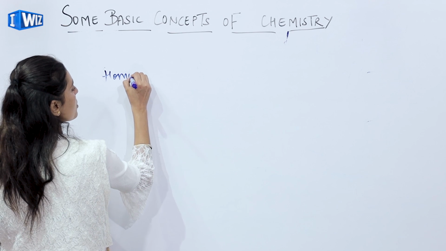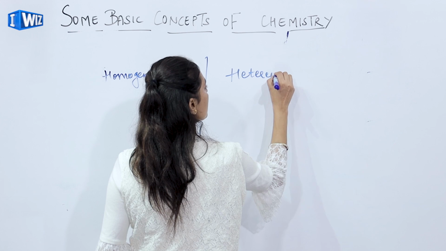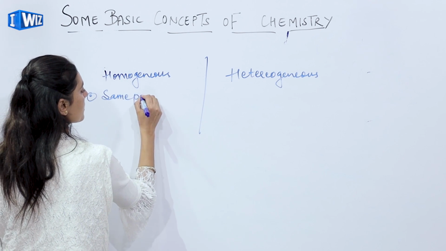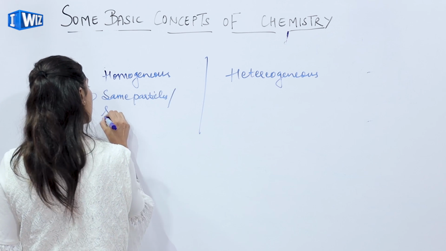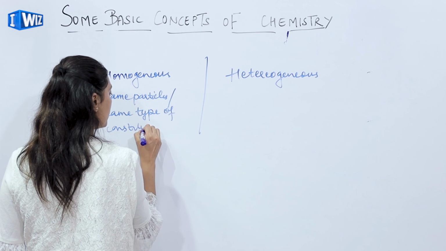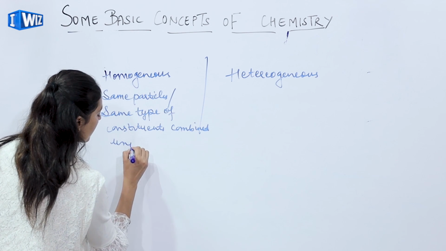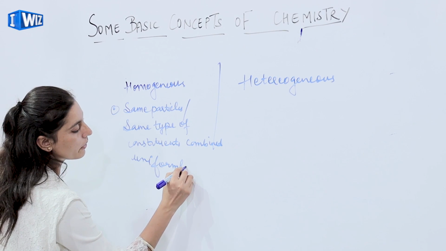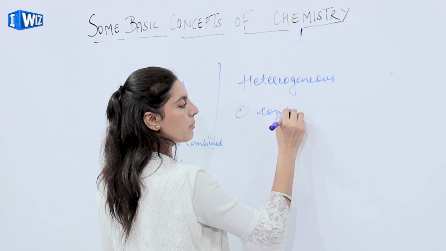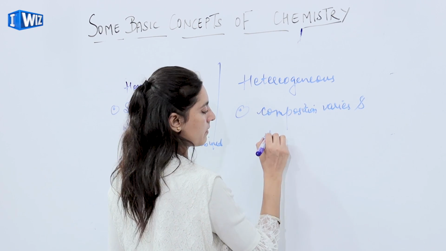When I talk about the homogeneous, as I already gave you the example, this is the one made up of the same particles or same type of constituents that are uniformly combined. But what about the heterogeneous mixture? The composition is not uniform. Composition varies.